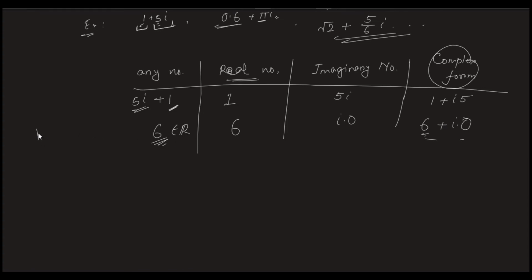So our real part will be 6, and our imaginary part will be i into 0. So 6 is also a complex number. Any real number belongs to our complex number system, and the complex numbers are denoted by the symbol C.